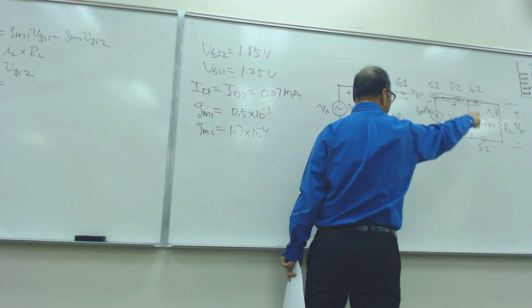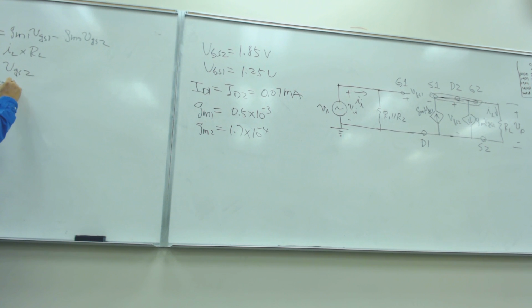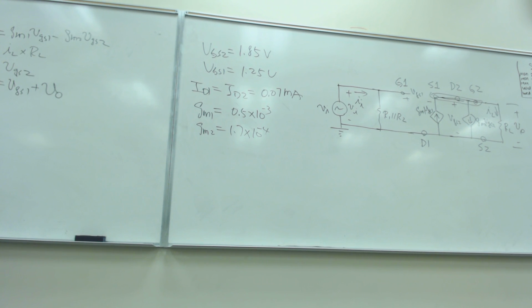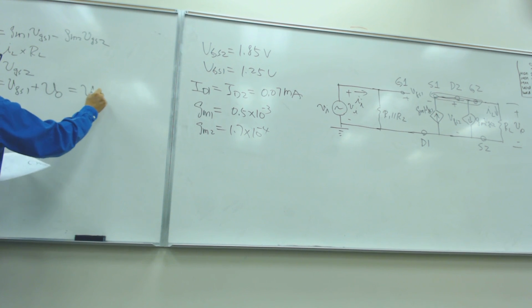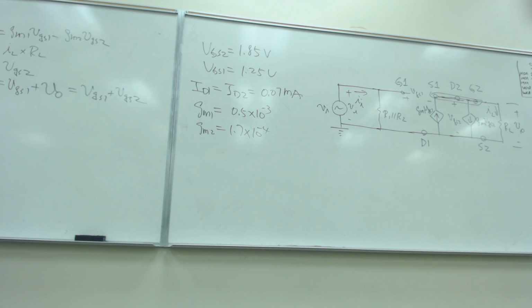So if you go around the loop, Vi is VGS1 plus Vo. Or VGS1 plus VGS2, right? Because this one is VGS2.